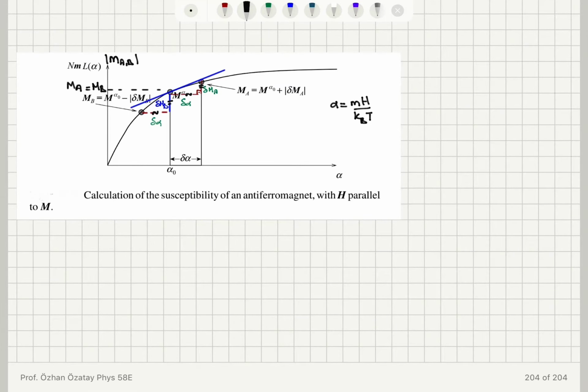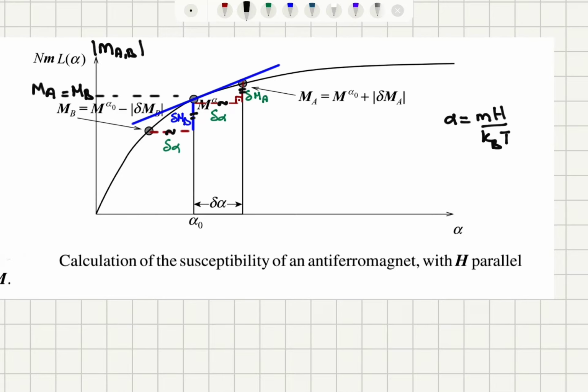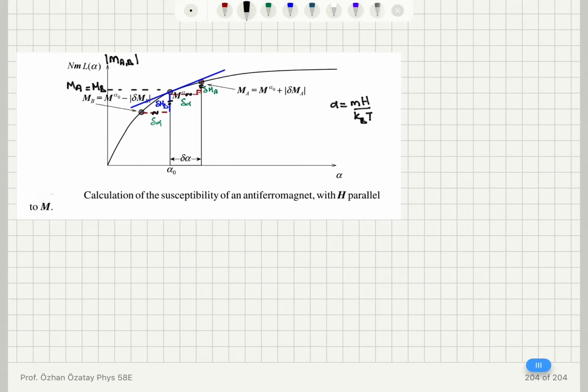Even though this curve is not linear, and the changes in the A and B sublattice magnetizations may not be the same, I will assume that I have a small enough magnetic field that doesn't cause too much asymmetry here.